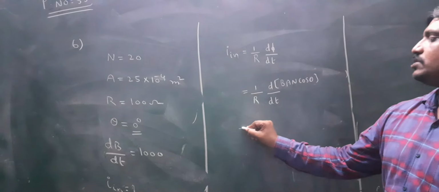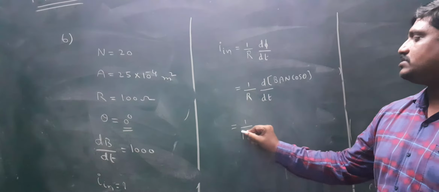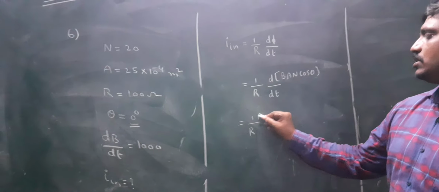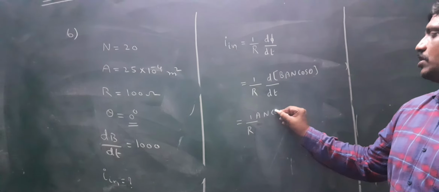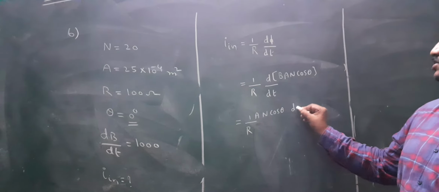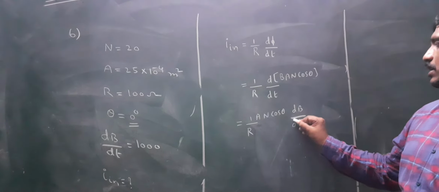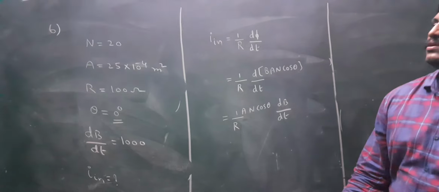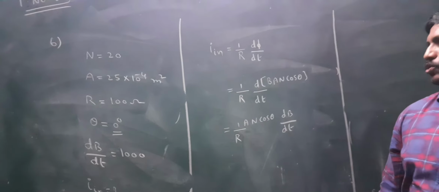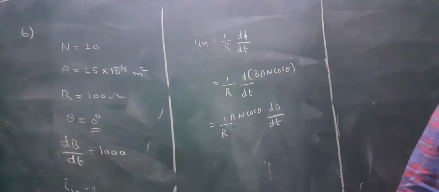In this situation, write the constants outside. Here A is constant, N is constant, cos theta is constant. The remaining is written as dB by dt. Substitute all values to determine the induced current.